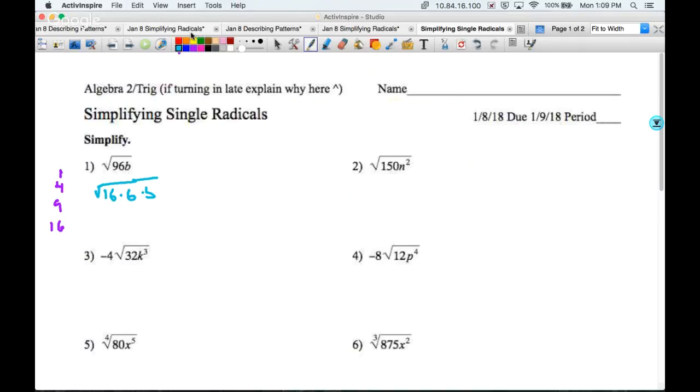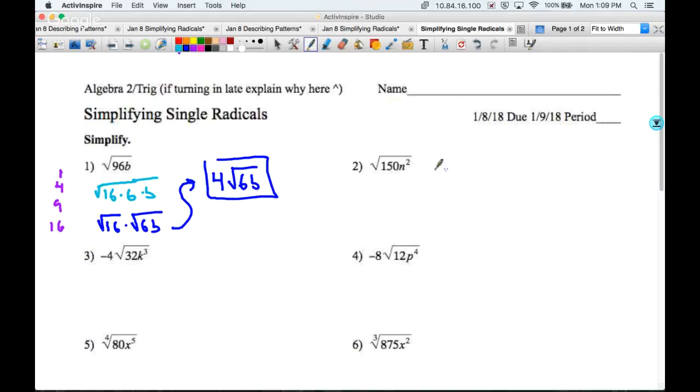All right, now I'm going to use the product property of radicals to split this up. Square root of 16, square root of 6b, and then that's going to become 4 root 6b. Square root of 16 is 4.